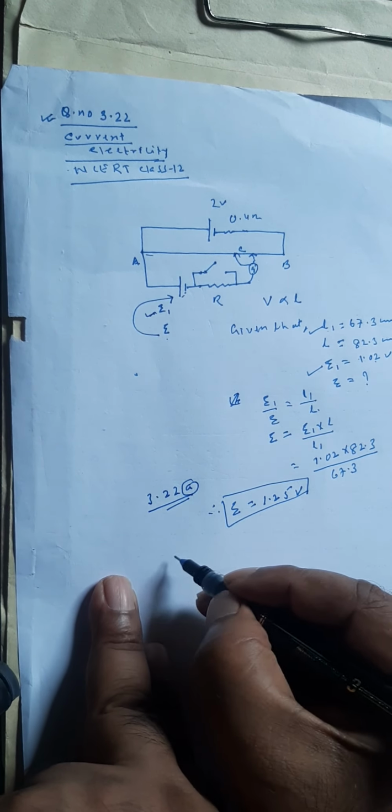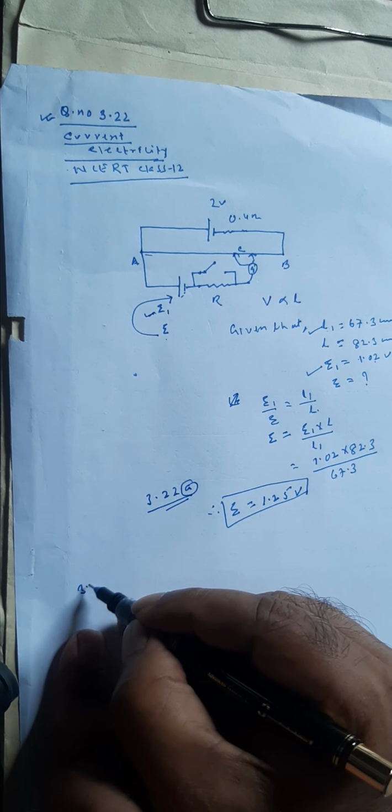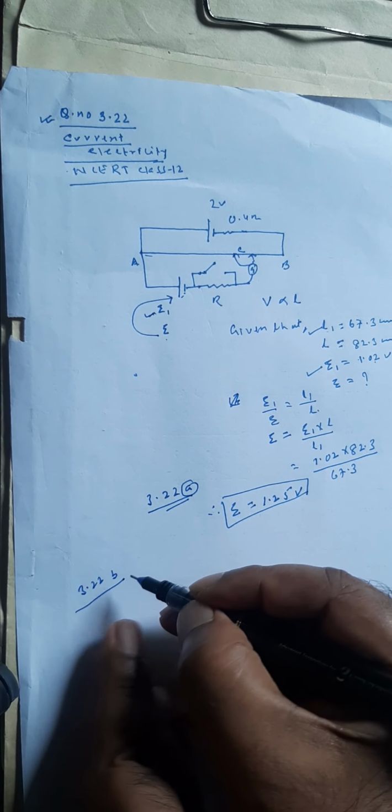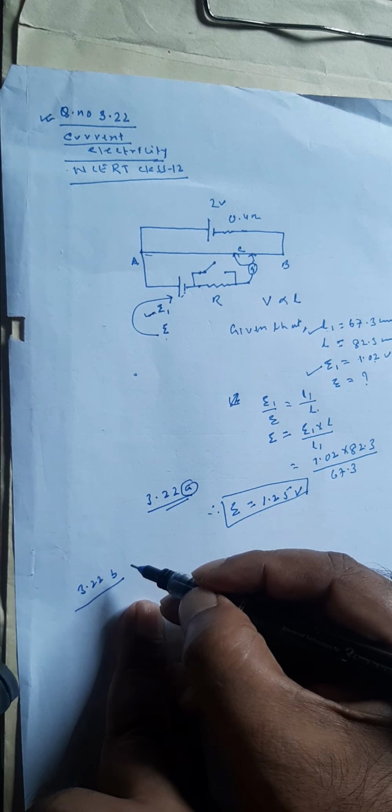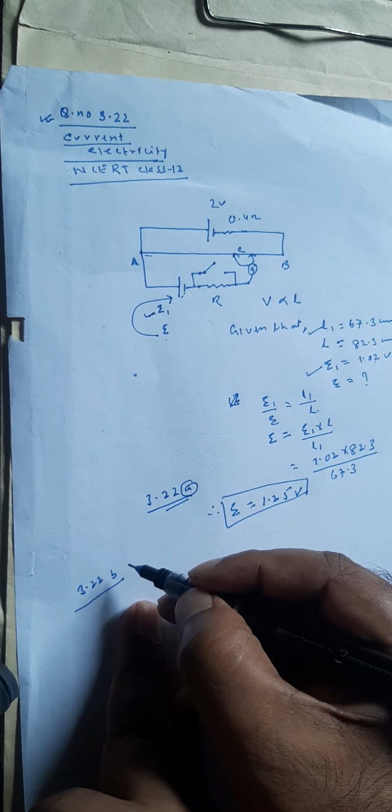Next question, 3.22B. What purpose does the high resistance of 600 kilo ohm have?